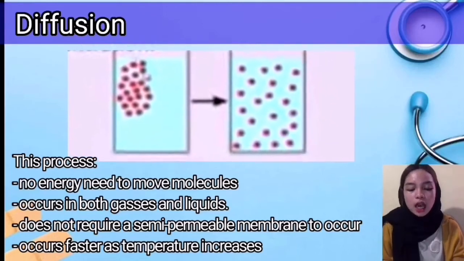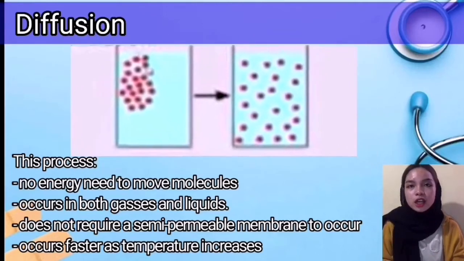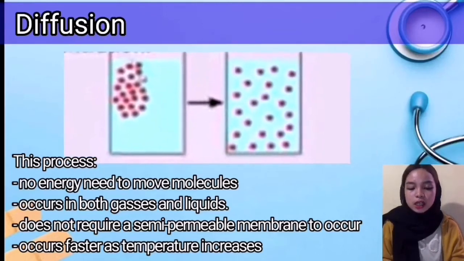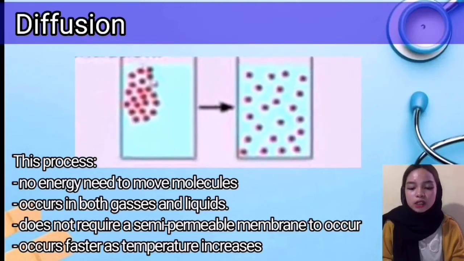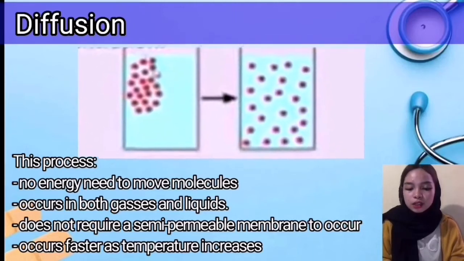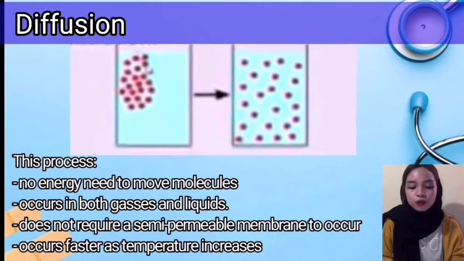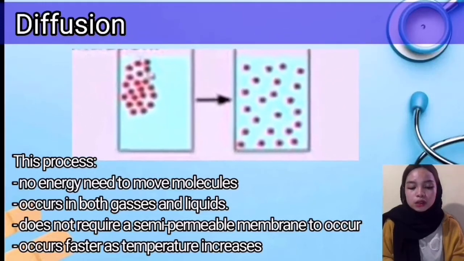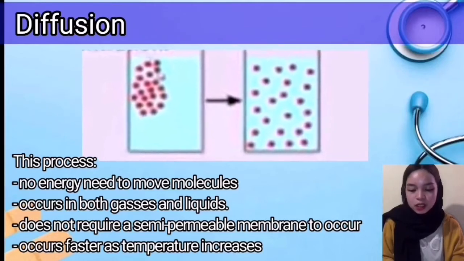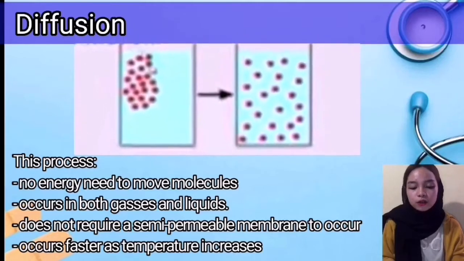Finally, diffusion will occur faster as temperature increases. Just imagine you're increasing the temperature: molecules become active more frequently, so they spread out in a shorter length of time.